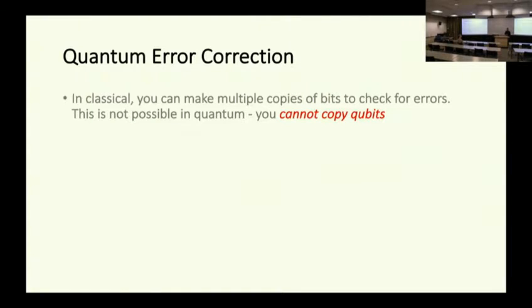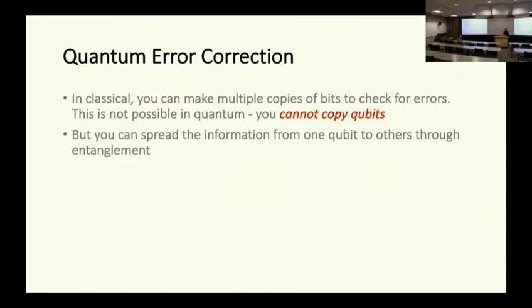You can't do this in quantum mechanics, because copying means you have to have something that you can deterministically grab. You can't do that with qubits, so therefore you can't copy them. However, what you can do is spread them from one qubit to the other by entanglement, because once you entangle and observe one, then you know the other one is going to be the complement.